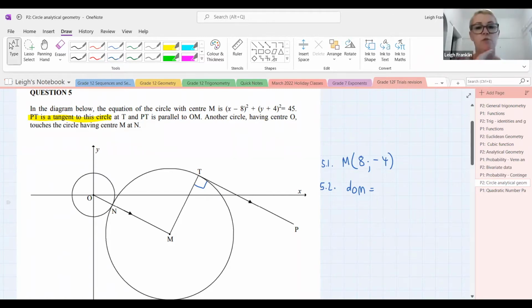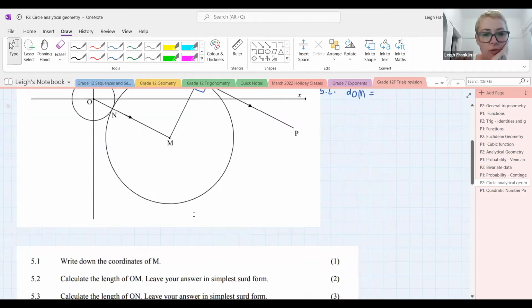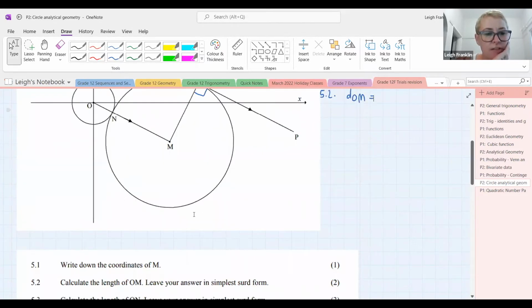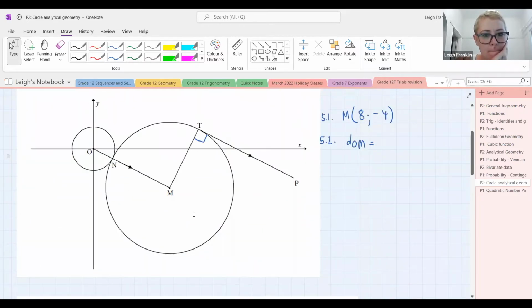When you've got an answer, you could pop it into the chat, and then I'll explain where the 2 marks were for. So calculating the length of OM.